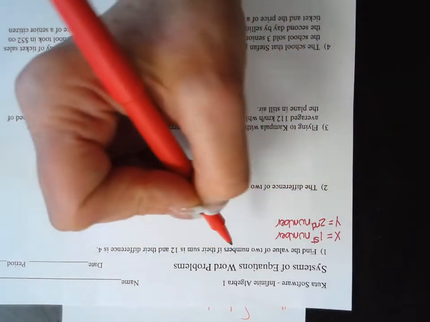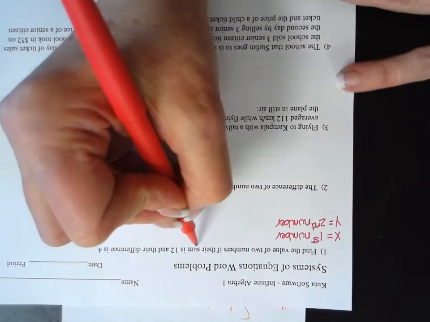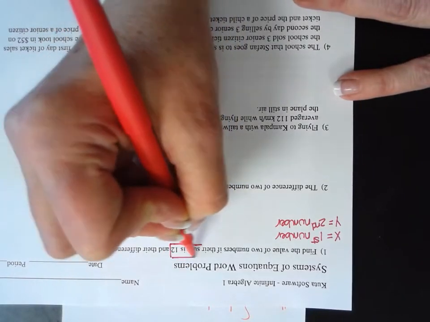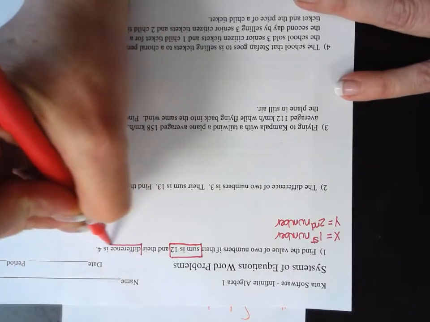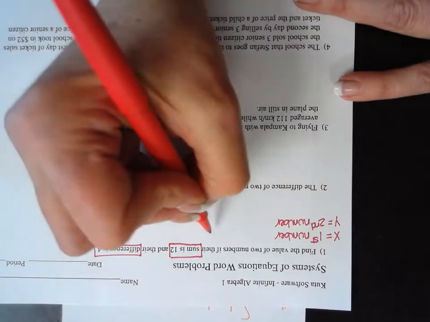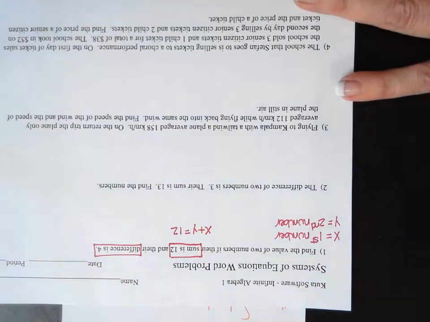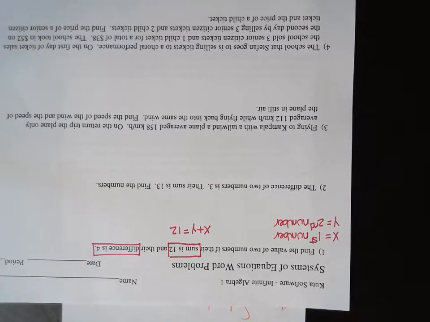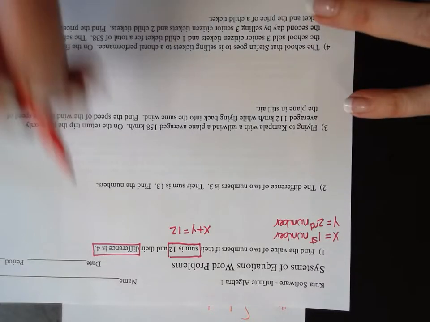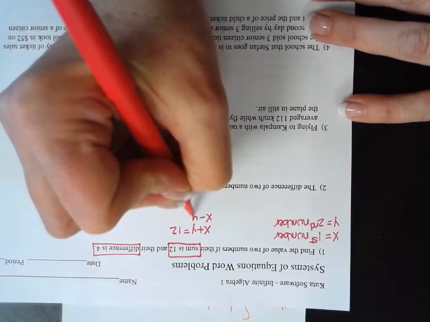And I want to find the value of the two numbers if their sum is 12. That's a big important one. And the difference is 4. What's sum mean? Adding. There you go. So that means x plus y is equal to 12. And then x minus y equals 4.